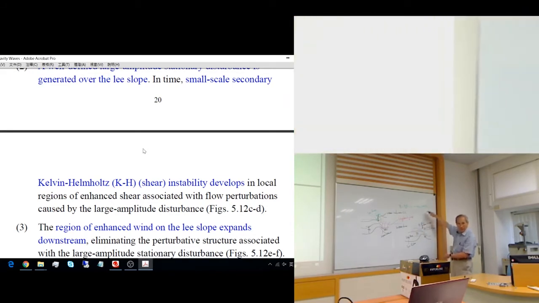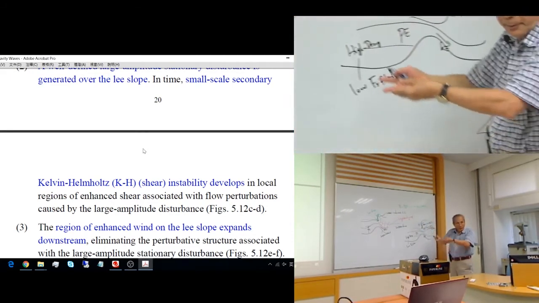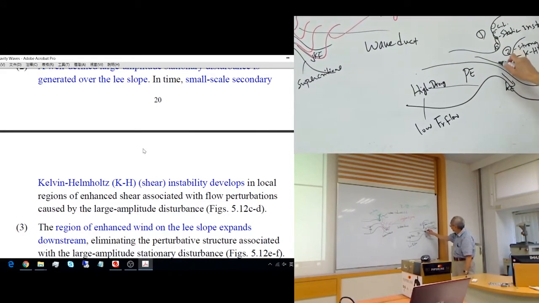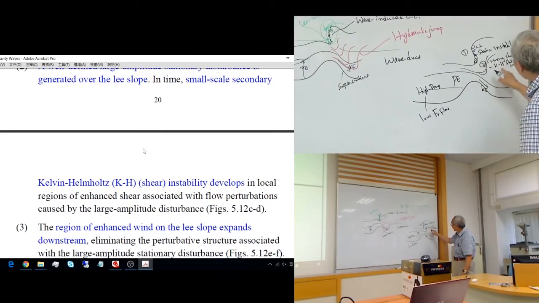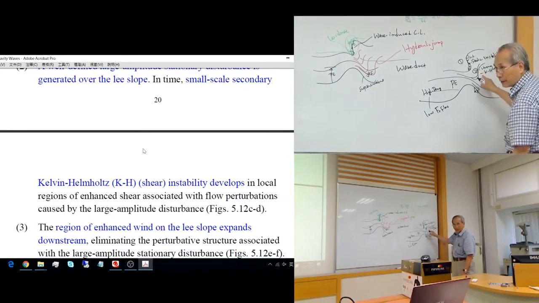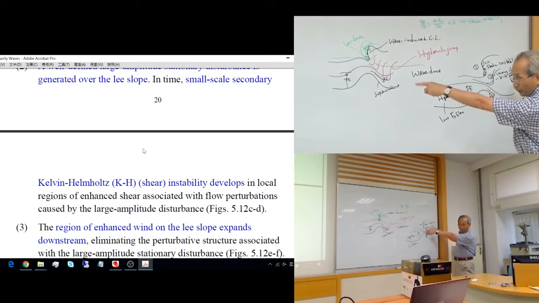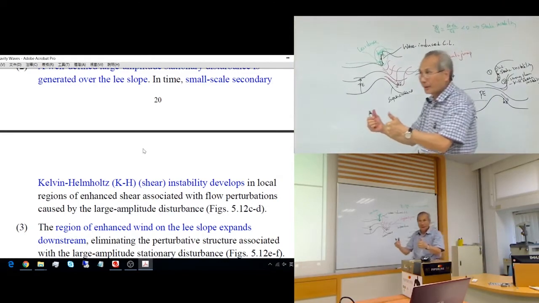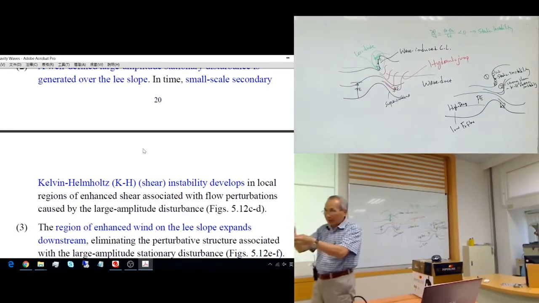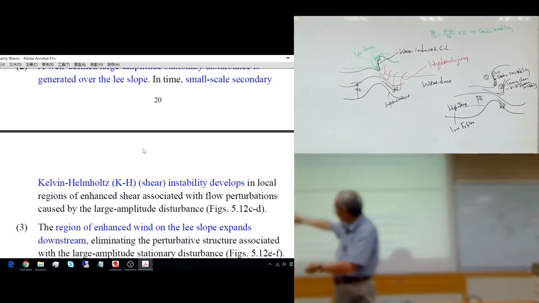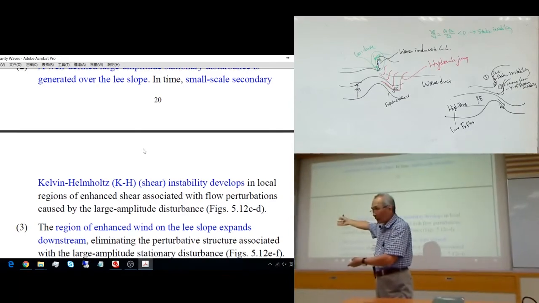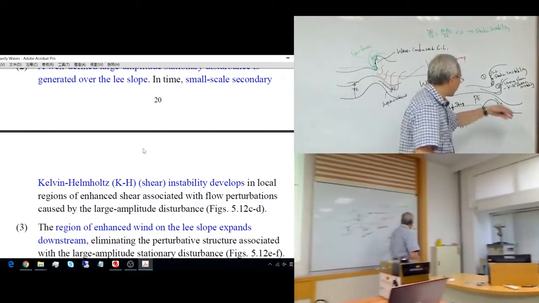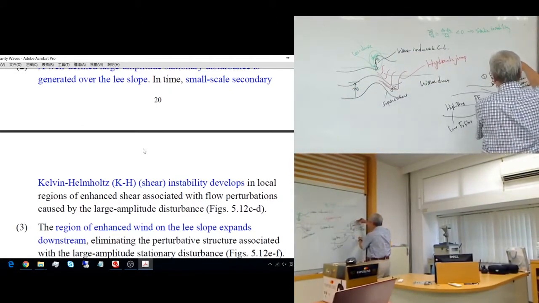Wave energy cannot penetrate without being absorbed or even reflected back to here. Then once you have large amplitude, that can develop KH instability because your shear developed. So both of them happen: one is static instability, and then also shear instability, so we have combined Kelvin-Helmholtz instability. That's why we have the downslope wind, because energy also cannot penetrate.